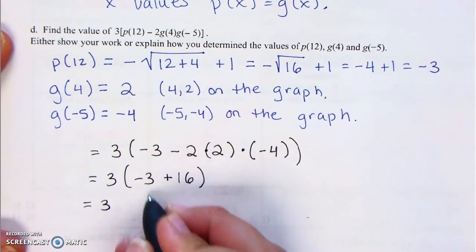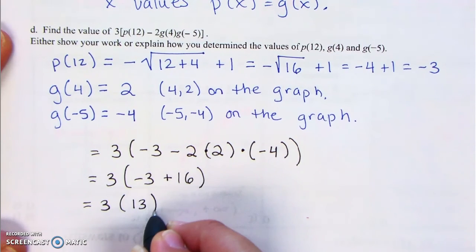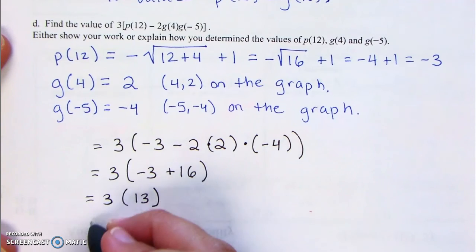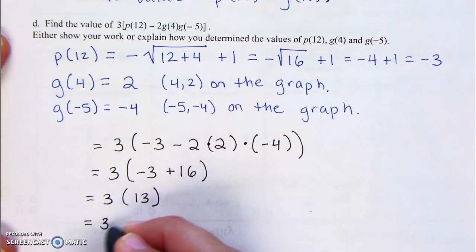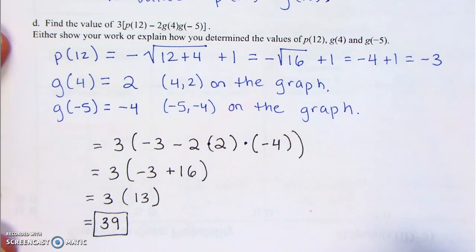Okay, parentheses first. So negative 3 plus 16 is 13. And then finally we'll do 3 times 13 is 39. All right. Good job? Yes?